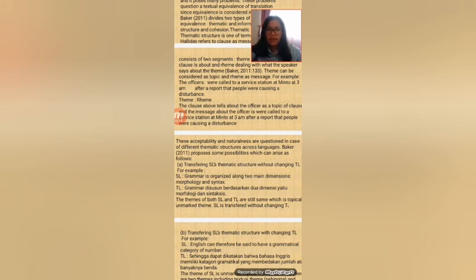Transferring the SL thematic structure without change to the TL. For example, "Grammar is organized along 2 main dimensions, morphology and syntax." Grammar disusun berdasarkan 2 dimensi, yaitu morfologi dan sintaksis.